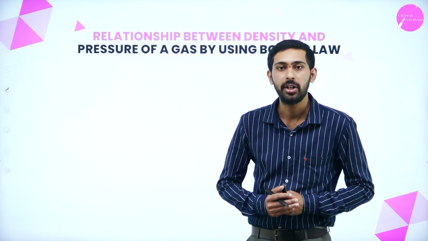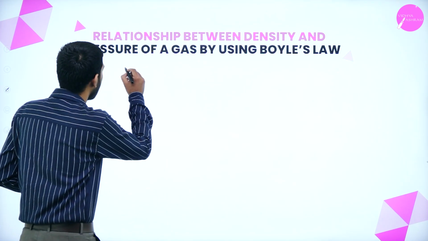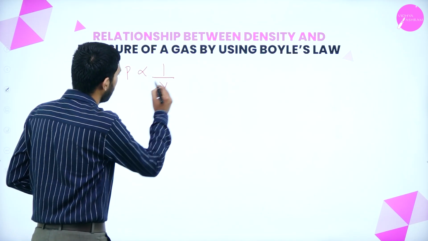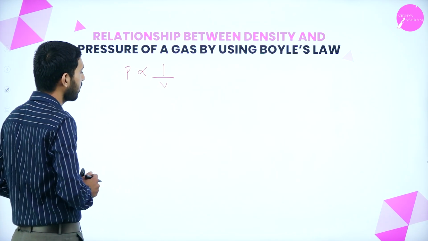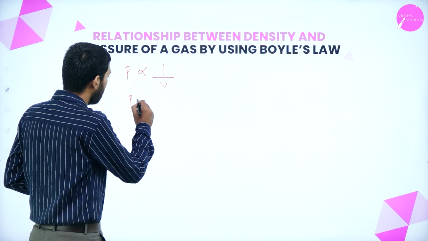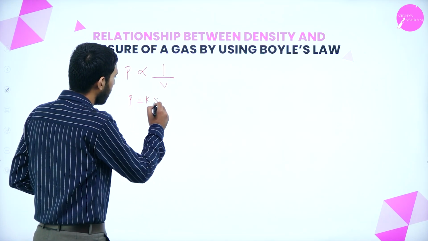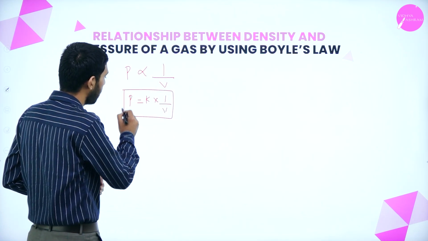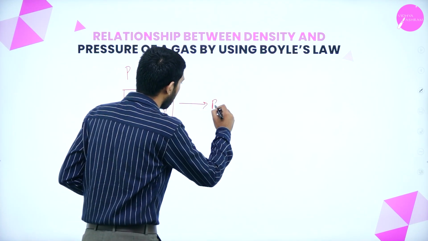We know that from Boyle's law, P is inversely proportional to volume. Okay. Next, if we remove the proportionality, we should take P is equal to K into 1 by V. This is the equation for which one? Boyle's law.